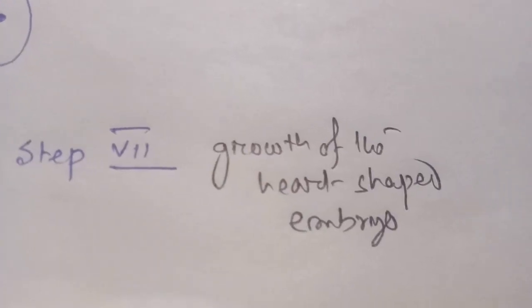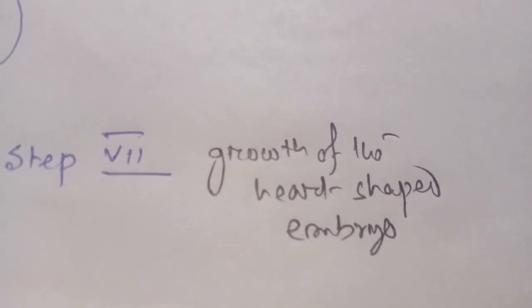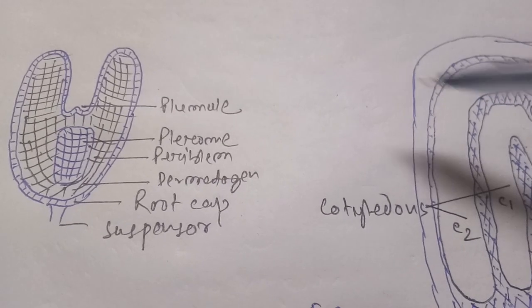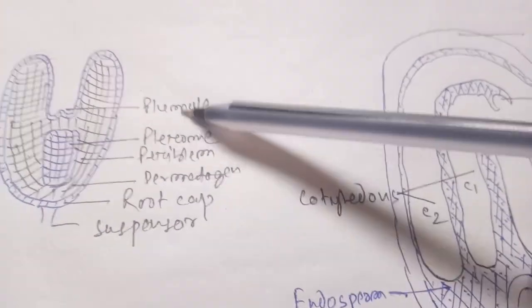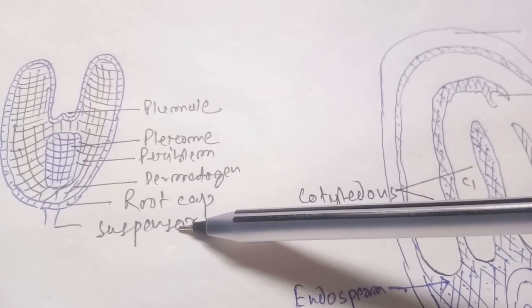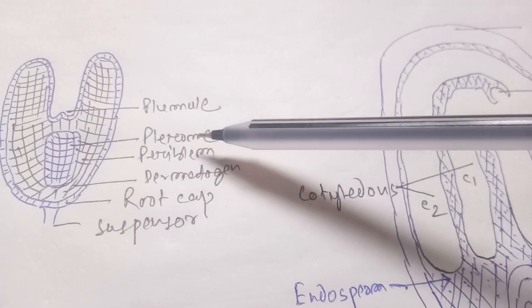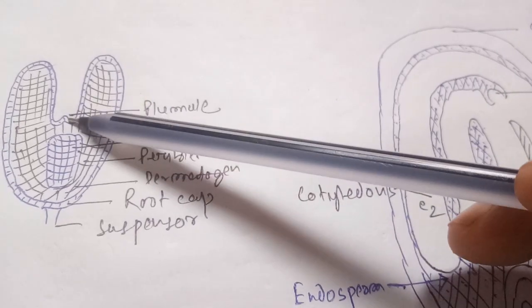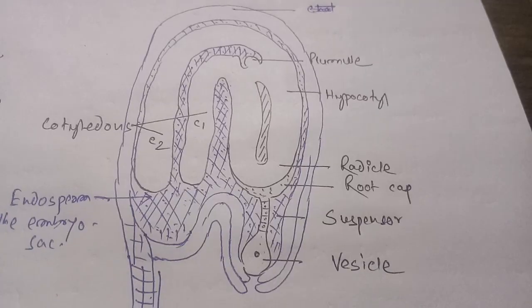In the next step, the heart-shaped embryo will grow further. So the further growth will result in this: suspensor, root cap, dermatogen, periblem and plerome, plumule, and the 2 cotyledons.